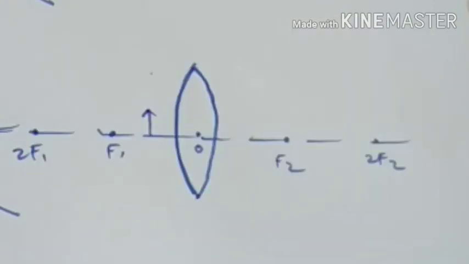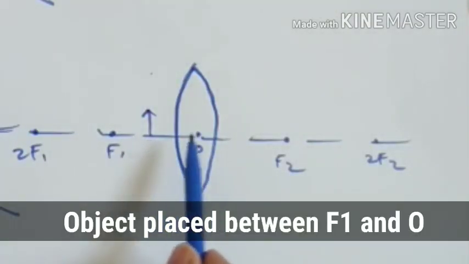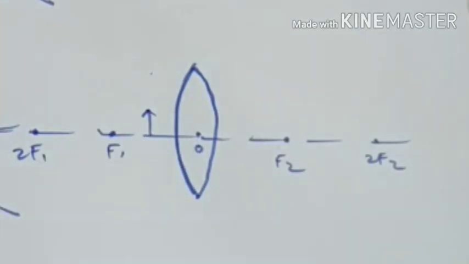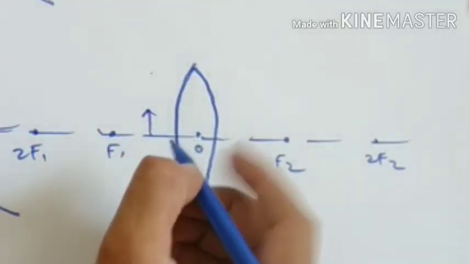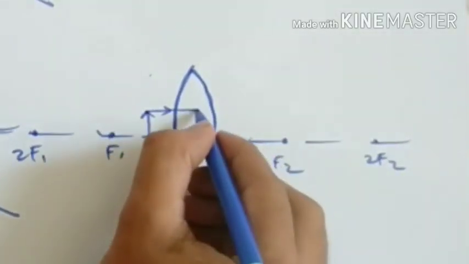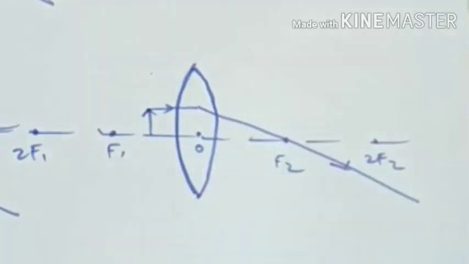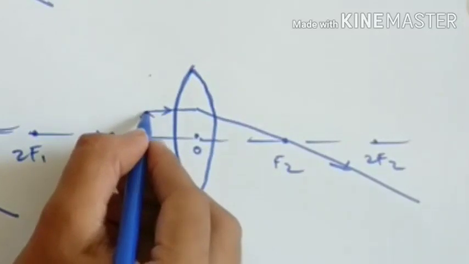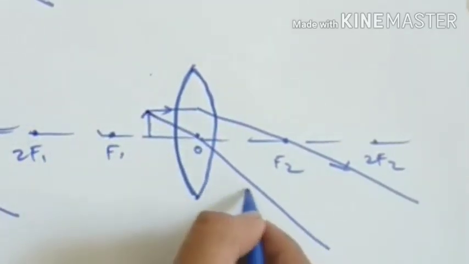The next case we are going to see is when the object is placed between the optical center and F1. Now this case you will see is a little different from the others. Let us see how. The first ray, as usual, we will make parallel to the principal axis and it will pass through focus F2. The next ray we will make going through the optical center and it will pass like this.